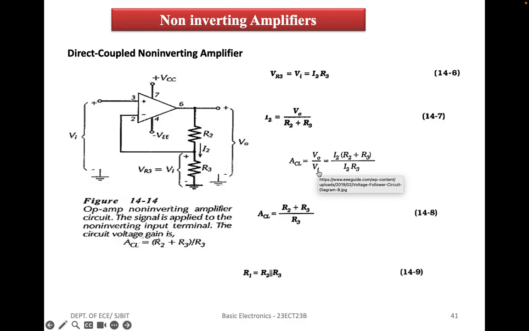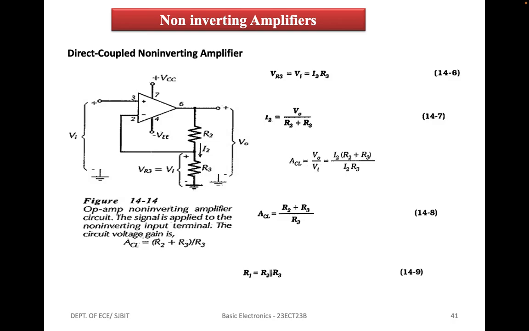The circuit voltage gain is given as ACL equals V0 by Vi equals I2 into R2 plus R3, divided by I2 R3. So the equation for ACL becomes R2 plus R3 by R3.